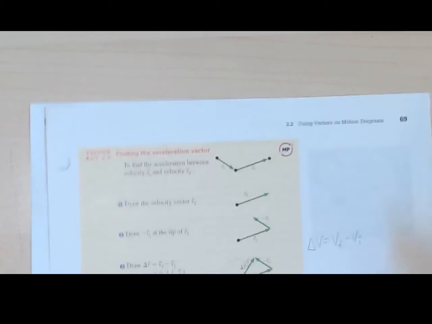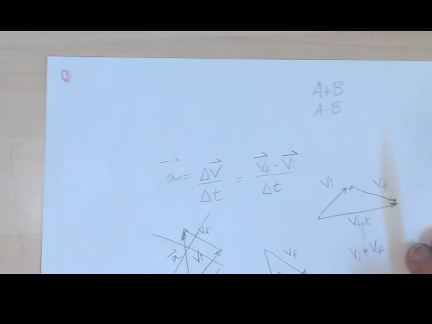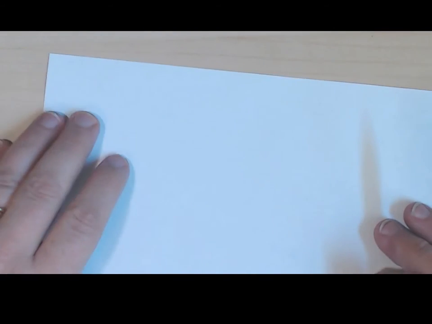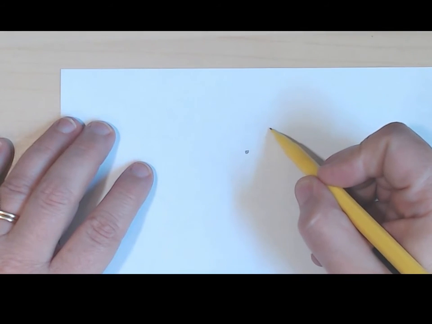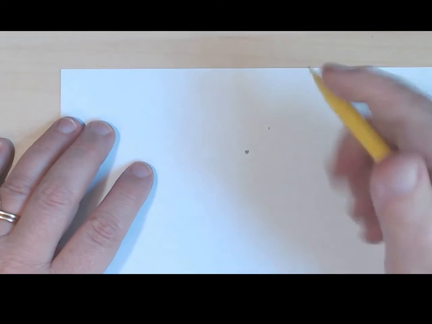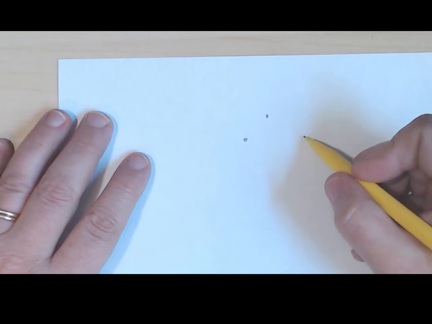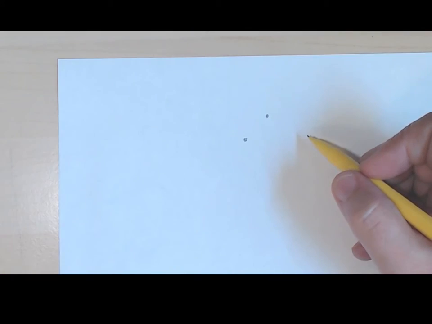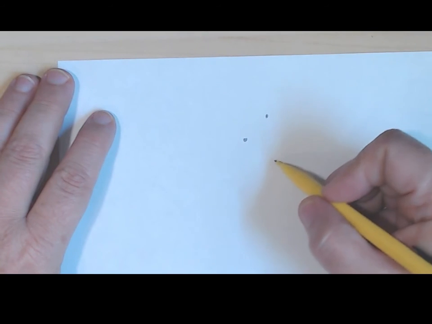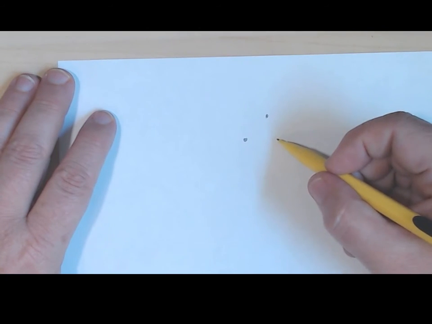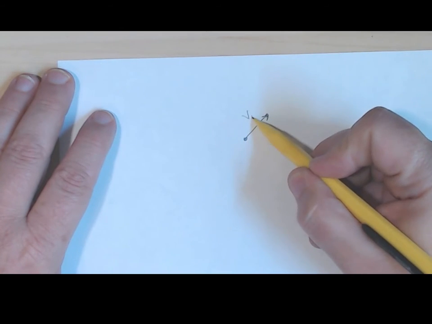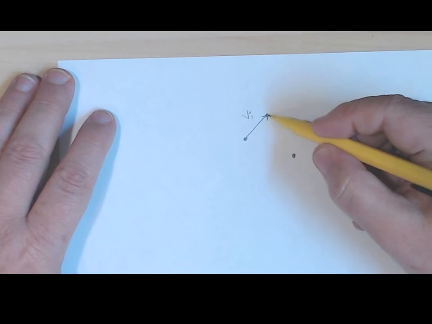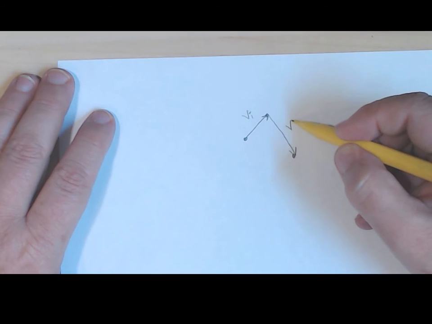Okay, so let's come back to this and maybe let's do another example. Let's say my position is something like this. Okay, I'll just do that. All right, so this is V initial. This is V final.